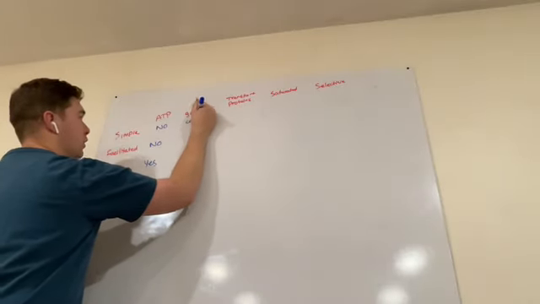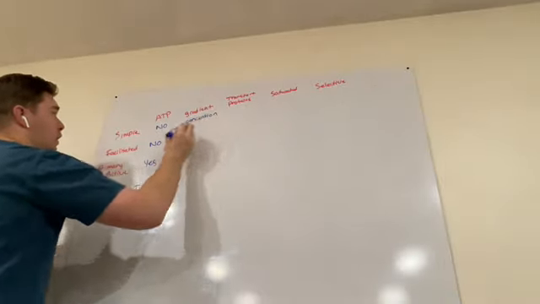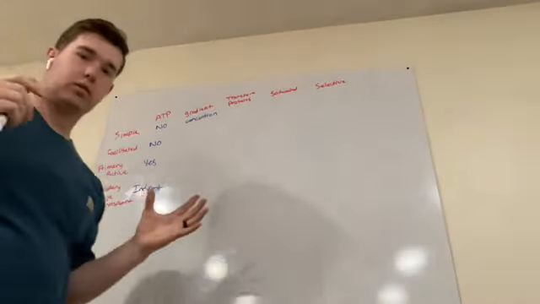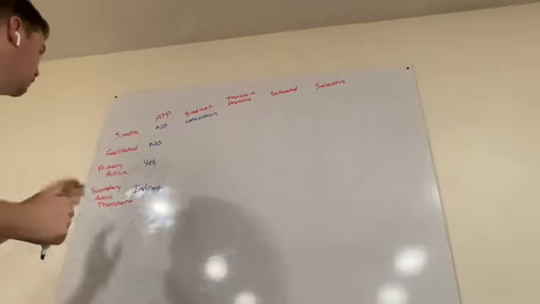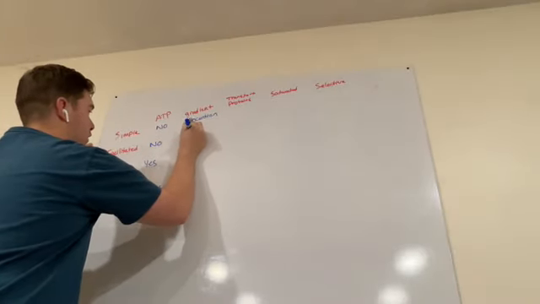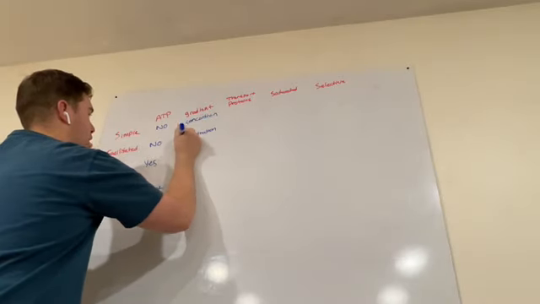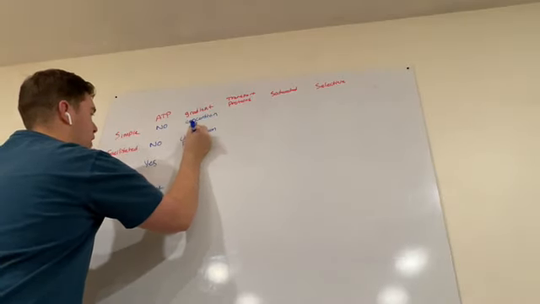So gradient, this is vital in simple. Your concentration gradient is super important in simple transportation. Facilitated uses your concentration gradient as well as the electrical gradient of the cell.